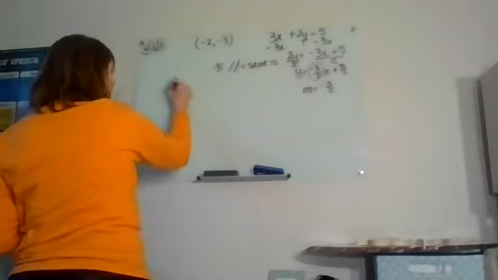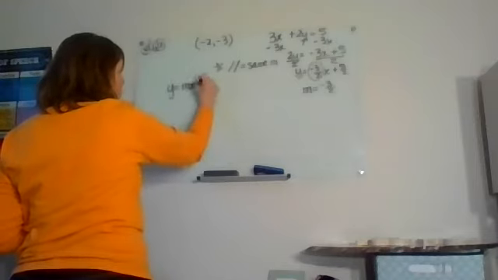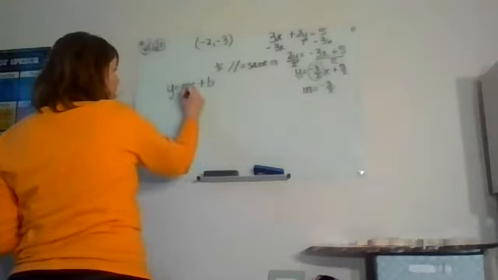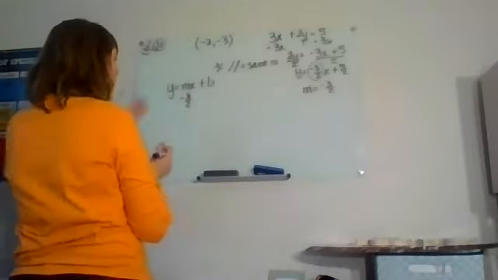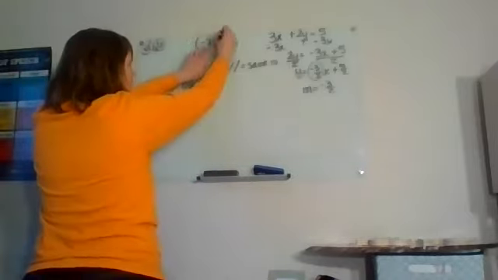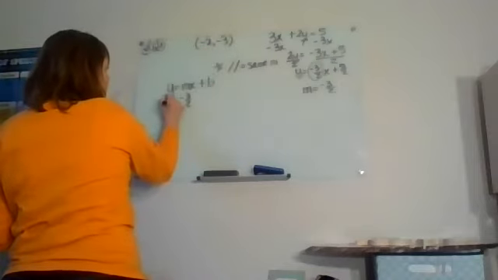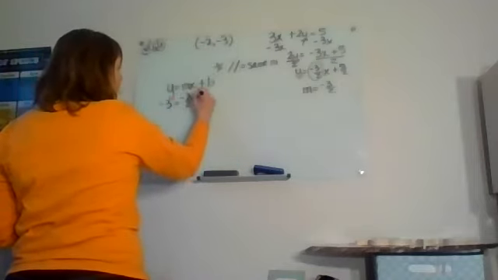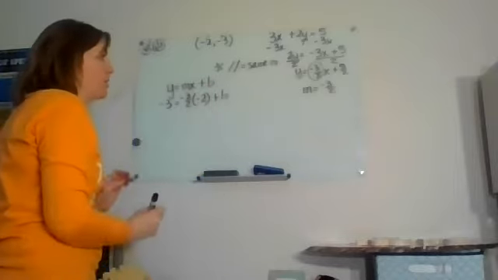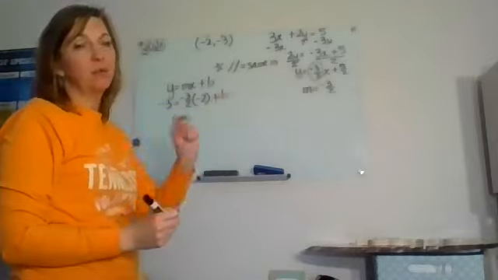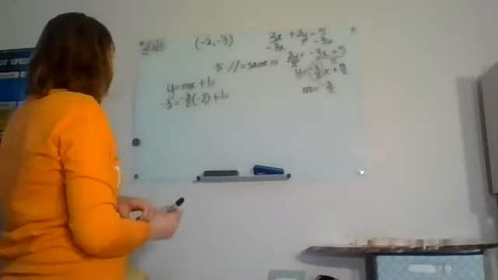So y equals mx plus b. My m we've already determined is negative 3/2, and since their slopes are the same, now I'm going to use my x and my y. Y is negative 3, x is negative 2, and I don't know what this y-intercept is. Remember, the y-intercepts will be different while their slopes are the same.